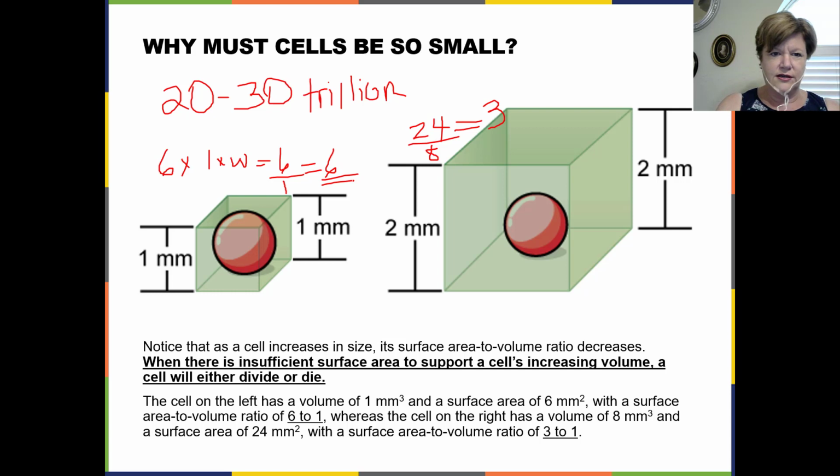So the cells that we have are the right size through billions of years of evolution to allow efficient delivery of oxygen and nutrients from the surface all the way to the center of each cell, and it allows that to happen fast enough for life to continue. So we say that it's the surface area to volume ratio. The larger the surface area to volume ratio, the better.